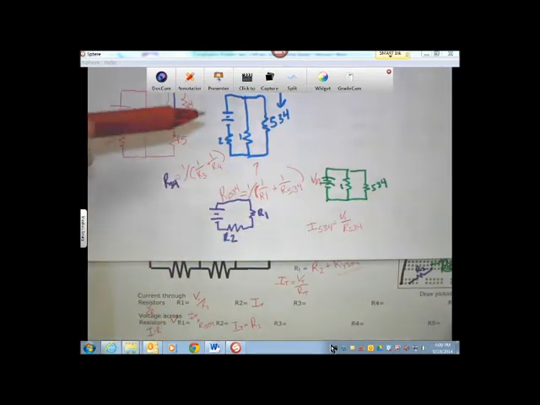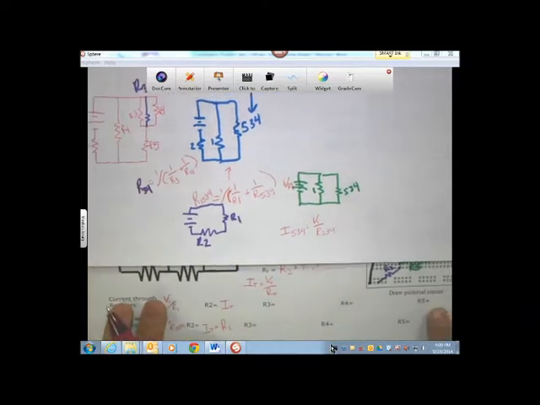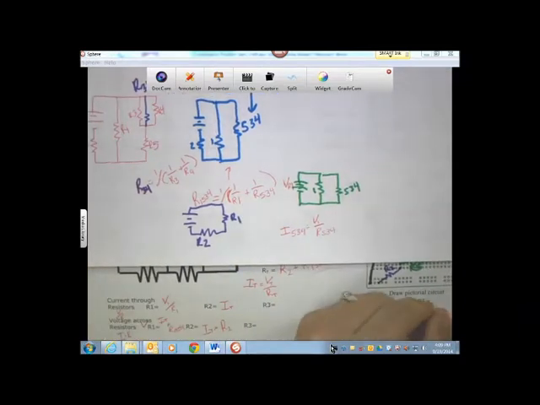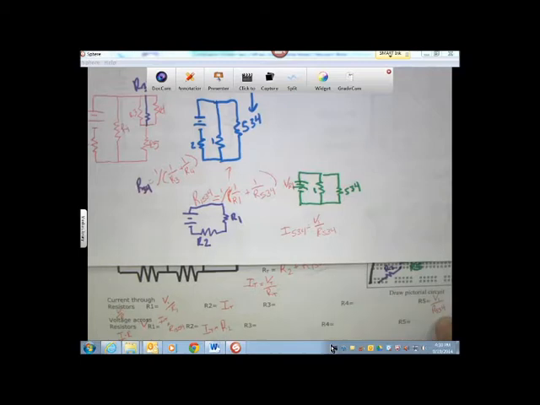So current through R5 is going to be that voltage divided by R5, 3, 4.